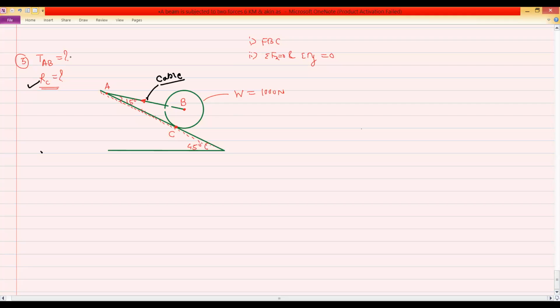To find the tension AB and reaction RC, the first step is to draw the free body diagram. For the free body diagram, isolate this roller from its surroundings and show the different forces acting on that sphere.